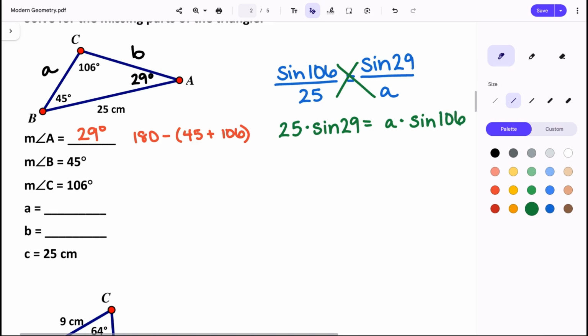How would you get a by itself? Okay, divide by the sine of 106. So these are gone over here, so I'm just going to cross them off.